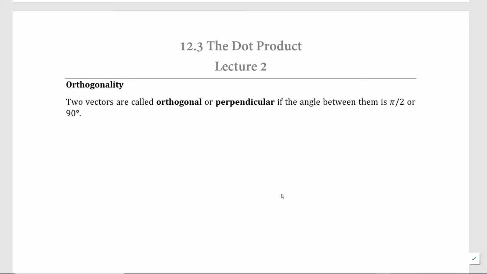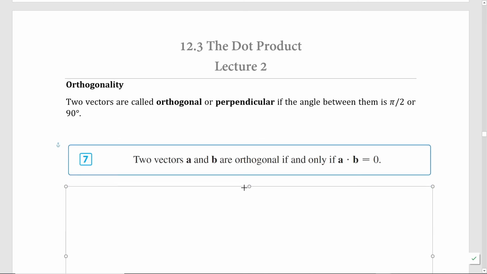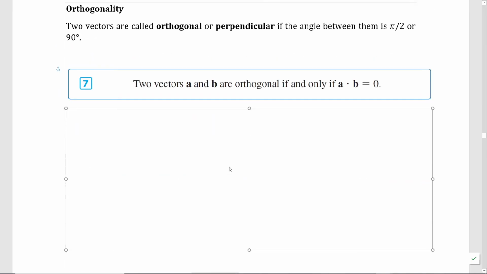Orthogonality. Two vectors are called orthogonal or perpendicular if the angle between them is pi by 2 radians, or 90 degrees. Now we have another corollary. It says that two vectors are orthogonal if and only if the dot product of them is equal to 0.